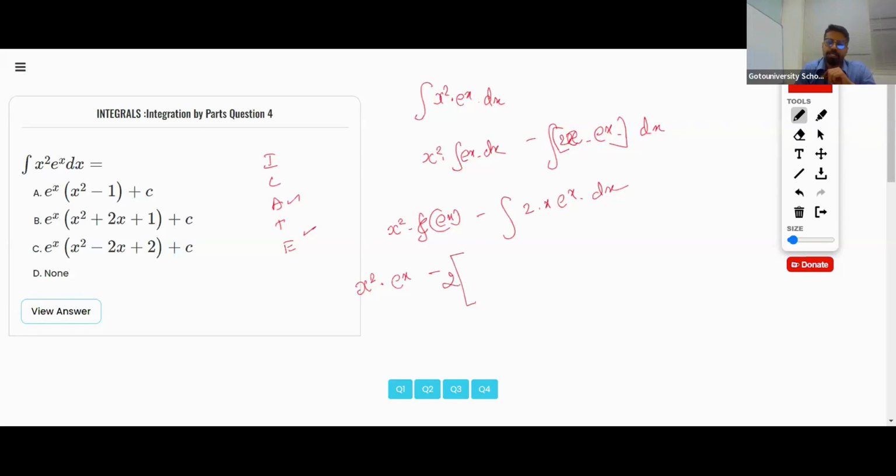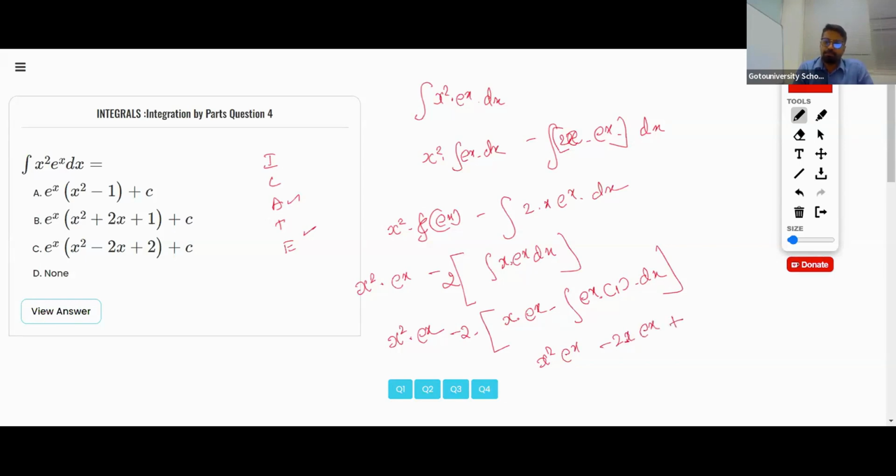2 I'm taking outside. So we have integral of x into e power x dx, right? Again by doing that, x square into e power x minus 2 into x as the first function and integral of e power x into 1 dx. So this is the final answer: x square into e power x minus 2x into e power x.